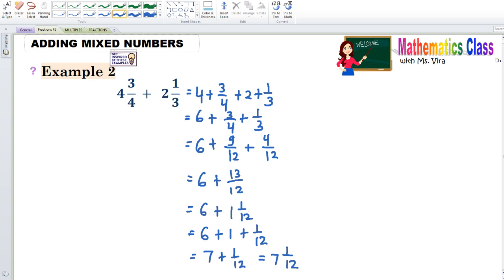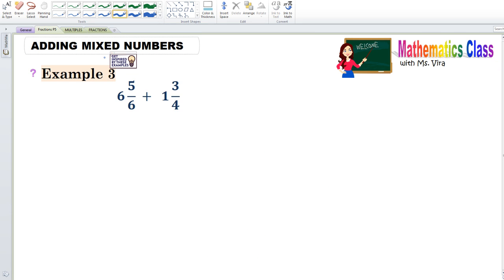Okay, let's see example number 3. 6 5 over 6 plus 1 3/4. We can write 6 plus 5 over 6 plus 1 plus 3/4.